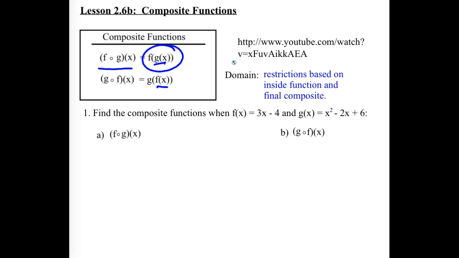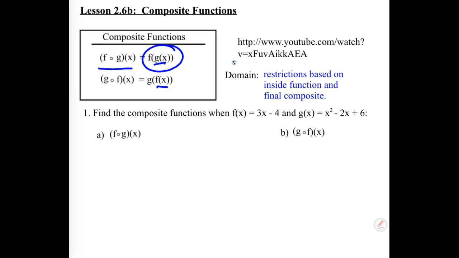This one says if there's any domain restrictions on the inside function, the one that you're dumping in, you have to consider those, and then you have to consider any with your final result. The reason behind that is I can't dump a function into another function if it doesn't exist. So if there's x values that don't work, I can't use those when I dump it into my second function.